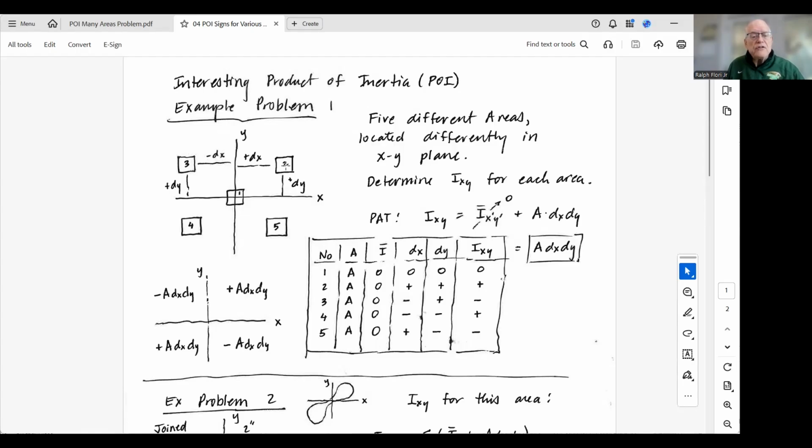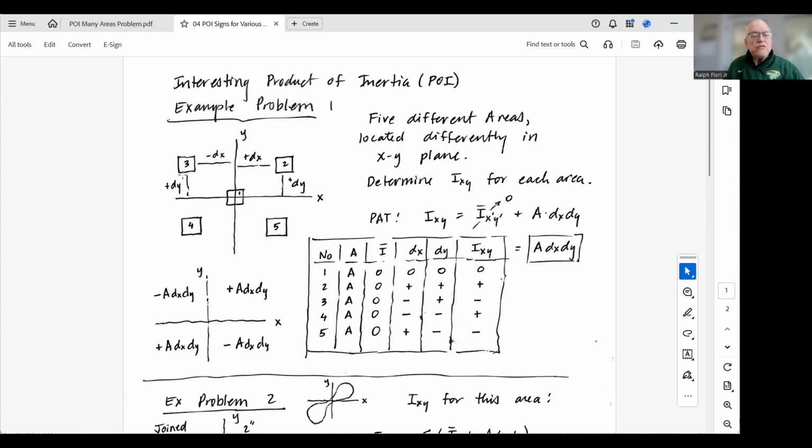If you look at area 2, the dx, which is the distance from the y-axis to the centroid of area 2, is positive. dy, which is measured from the x-axis to the centroid of area 2, is also positive. So when you take A times dx times dy, the IXY for area 2 is positive in this quadrant.